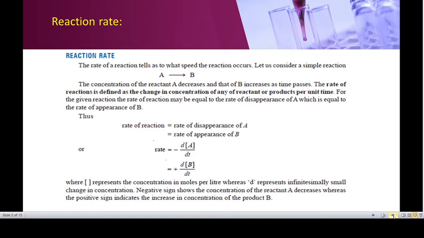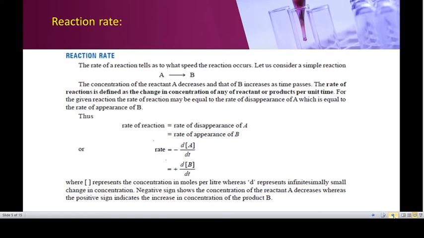So the rate of reaction can be defined as the change in concentration of reactant or product with time.